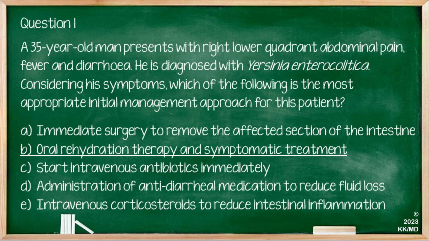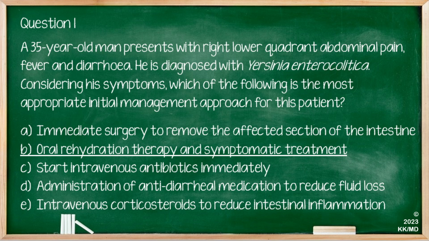Remember, the goal is to let the patient have the diarrhea so they can get rid of the toxins that are produced in the intestine while you are supporting them with intravenous fluid and electrolyte management. The risk of giving somebody like him antidiarrheal medication is that the toxin can get built up in the bowels and it could potentially lead to toxic megacolon, which is a surgical emergency.